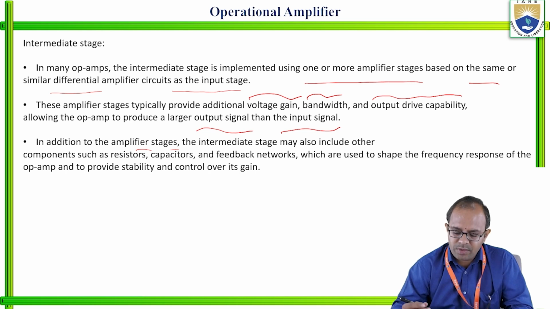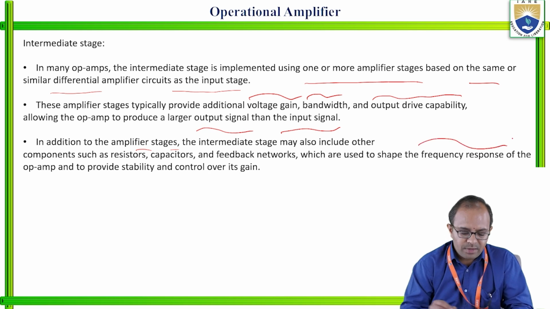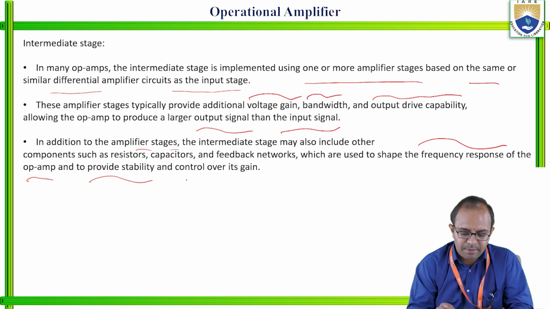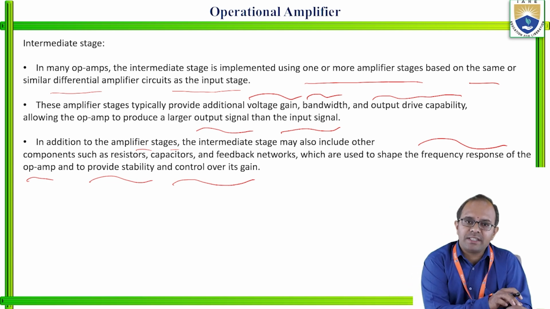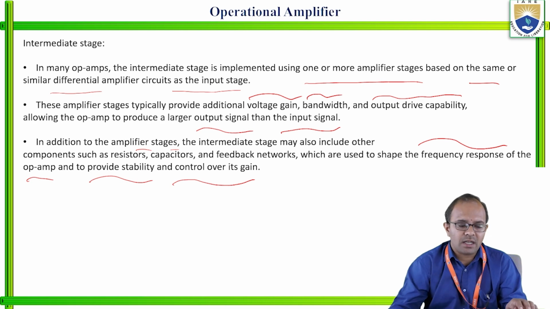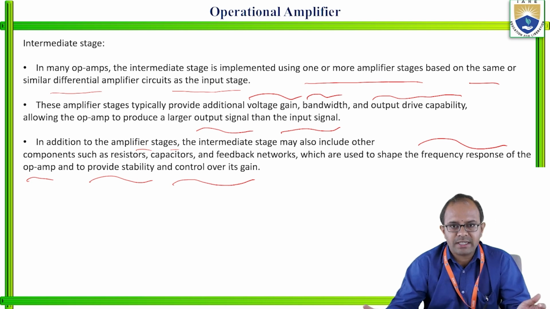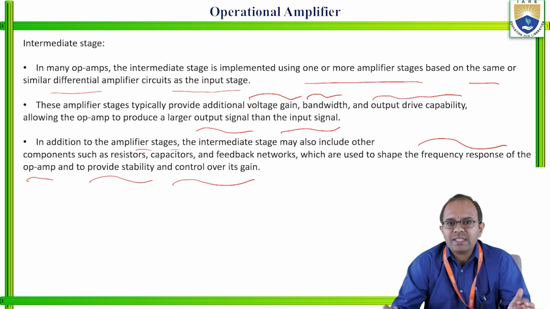You may have a feedback network, which is used to shape the frequency response of the op amp to provide stability and control over the gain. Do remember, one of the most important characteristics of a differential amplifier is stability, as well as control over the gain.